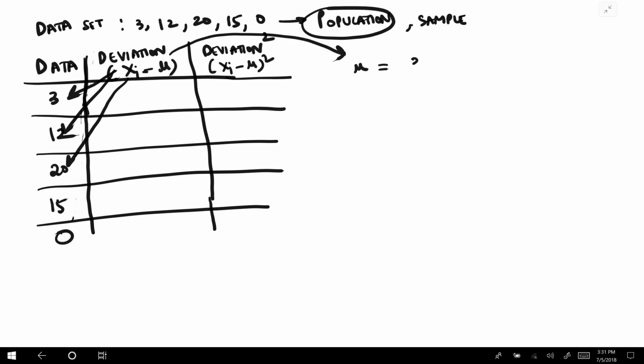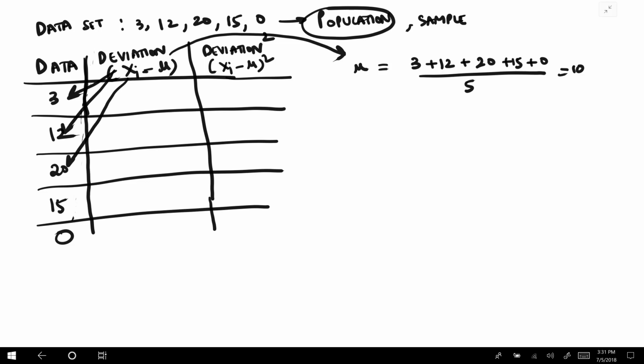So that is 3 plus 12 plus 20 plus 15 plus 0 divided by 5. So this is going to give us 10.